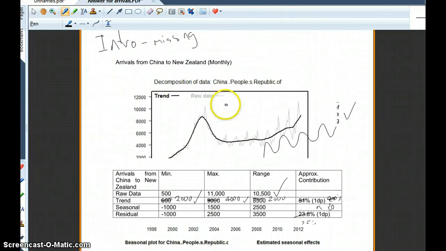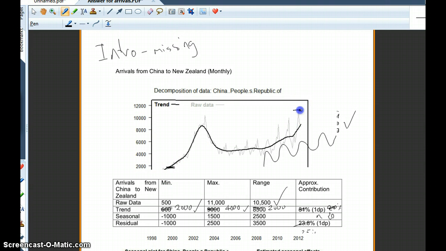Things are jumping around a bit here. Here we go. So you can see the raw data behind here. So she's taken the range as this point, sorry, the range of the long-term trend from this point to this point was 500 to 8,000.